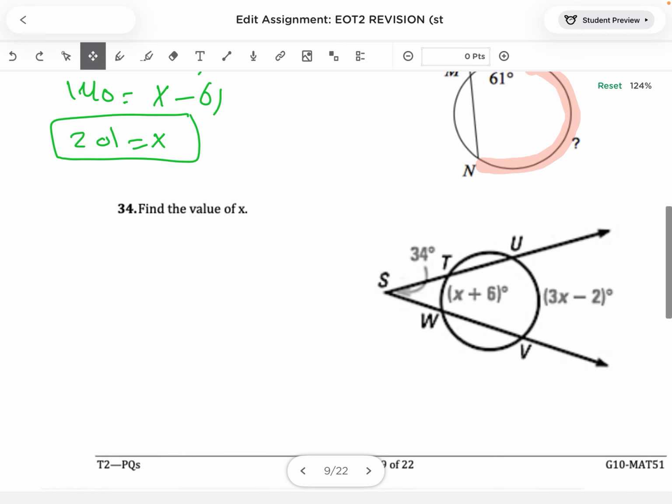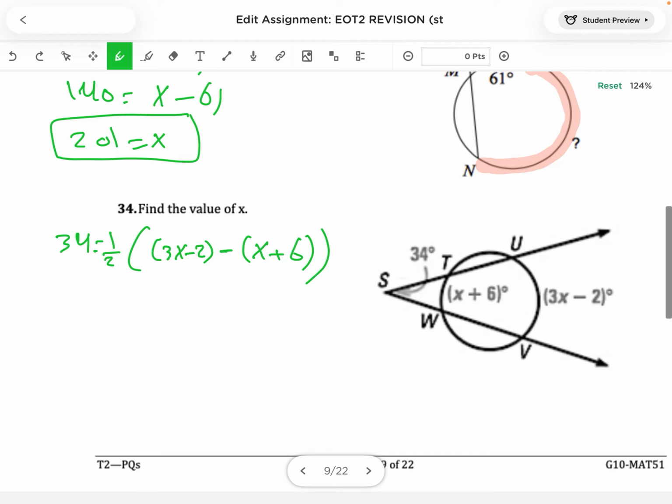Same story. They need x. The angle, which is 34, equals half the big arc, which is 3x minus 2, minus the small arc, x plus 6. Same technique. We do not change. Multiply both by 2.